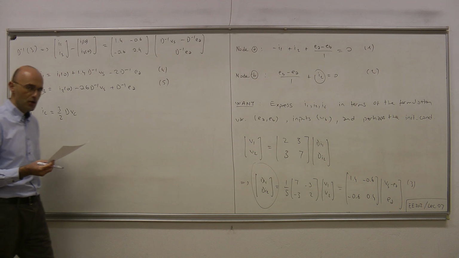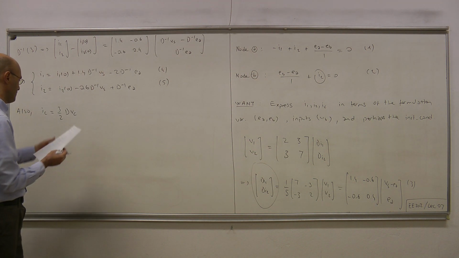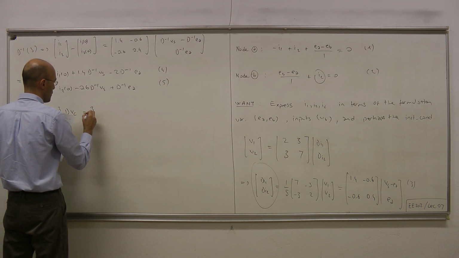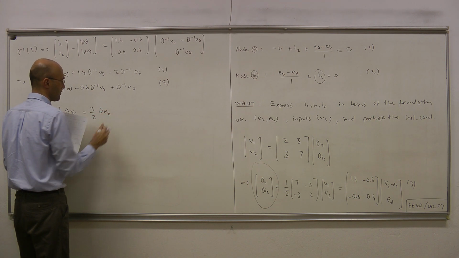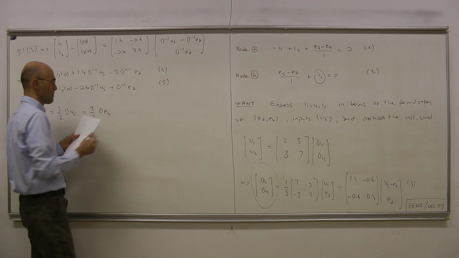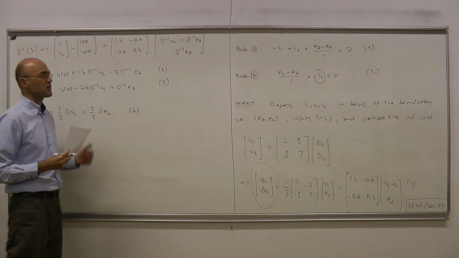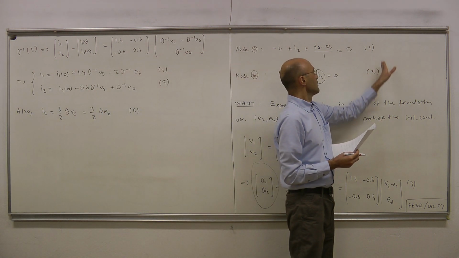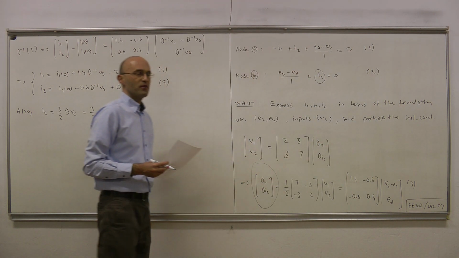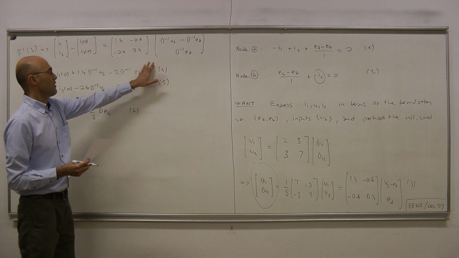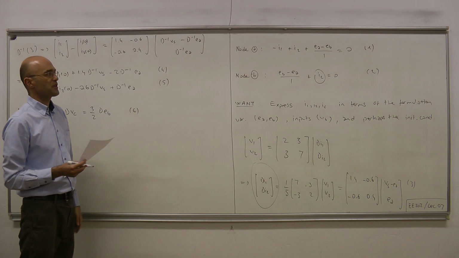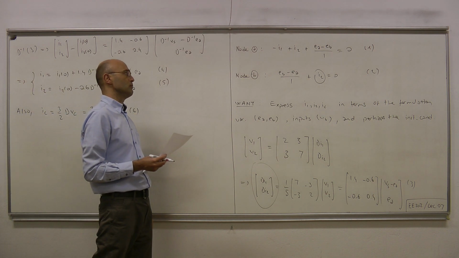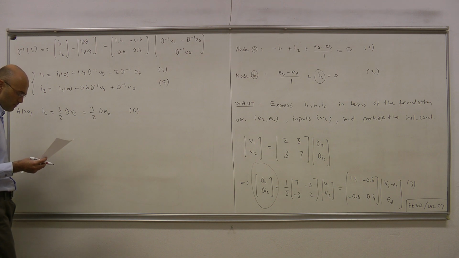And VC is no other than node voltage B. So what we have is 3 over 2 d EB. That's our equation 6. Now what we're going to do is combine equations 1 and 2, which we obtained by writing KCL, with 4, 5, and 6, and in that case everything will be in terms of formulation variables.